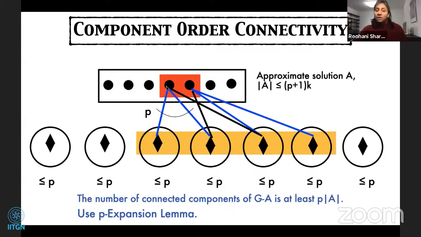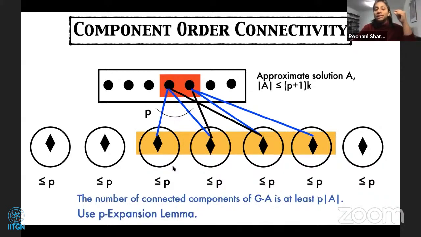Now, if you look at this structure, if you look at this one red vertex together with the yellow vertices on which this blue star is incident, note that this corresponds to a connected set of size at least p, because each of these are connected components, and we have at least p of them because we found a p expansion, and each of them sees this red vertex.